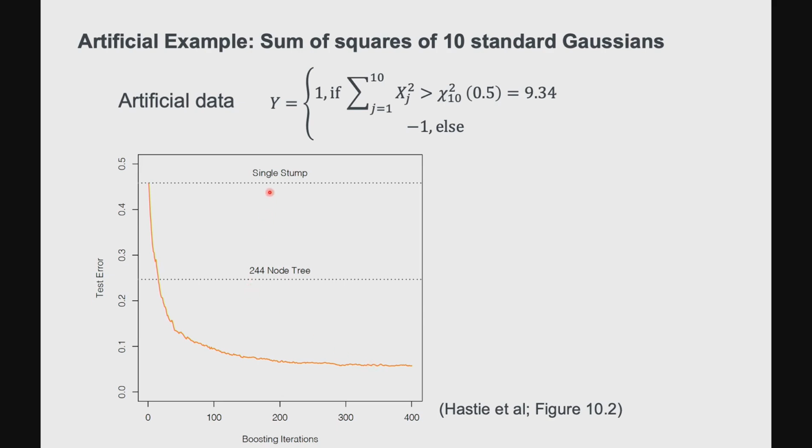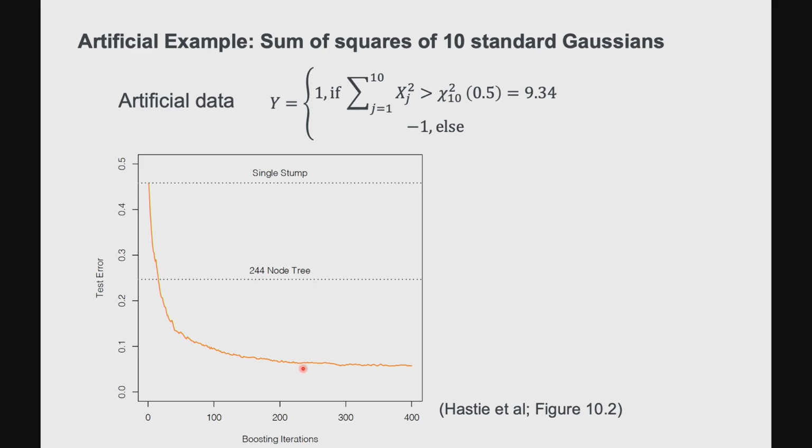And when we now compare this, here we have the number of iterations for boosting, and every iteration, of course, corresponds to an additional new decision stump. Then we see, for comparison, a decision tree with 244 nodes.